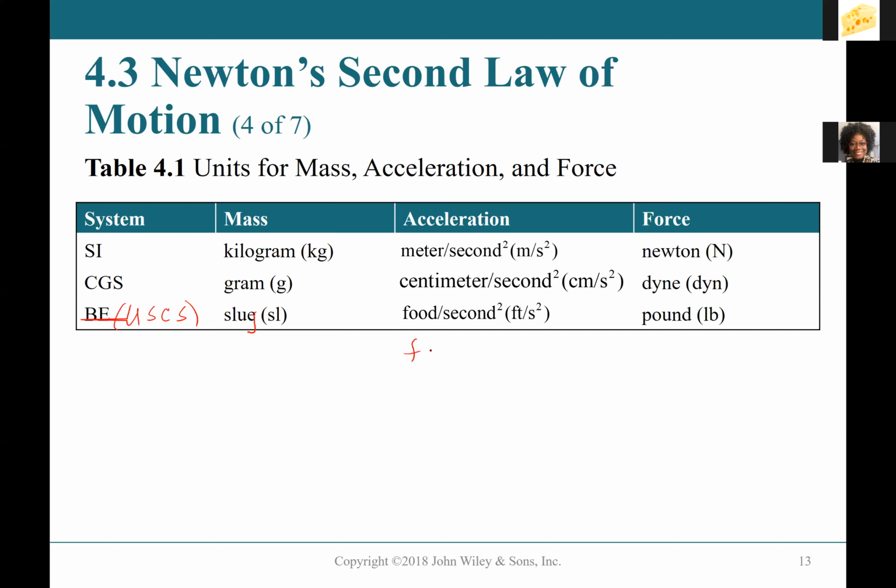This is supposed to be the word foot per second squared. And that is the acceleration. Rather than saying meters per second squared, we're saying foot per second squared. And that combination is called a pound. So we have the slug foot per second squared, and that's a pound. That's the unit of force in the U.S. customary system.